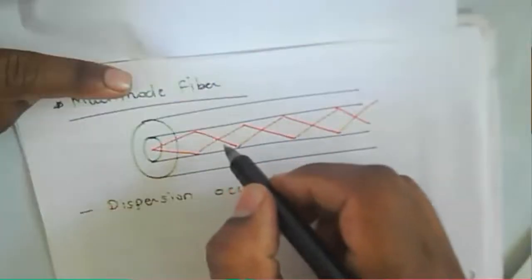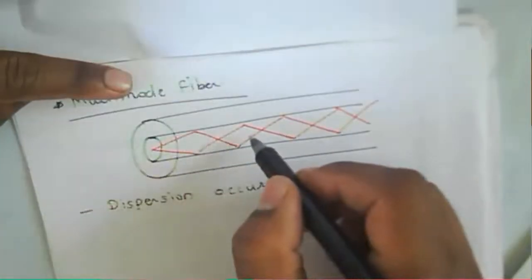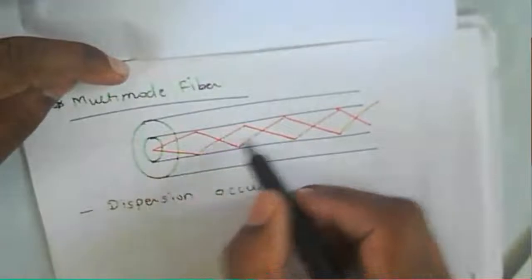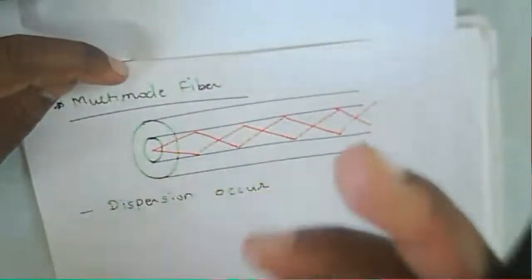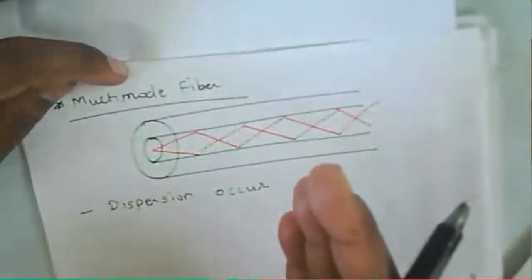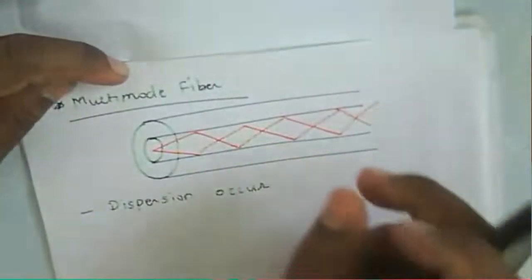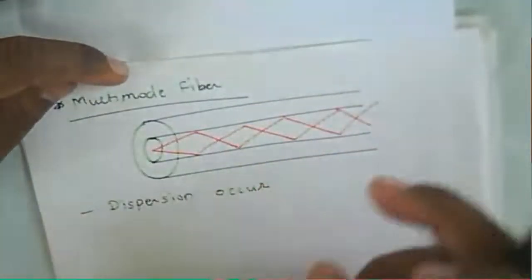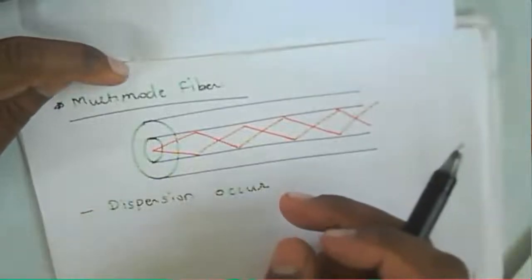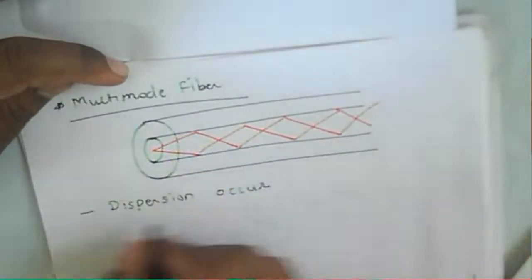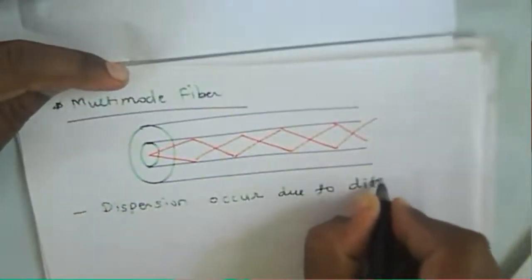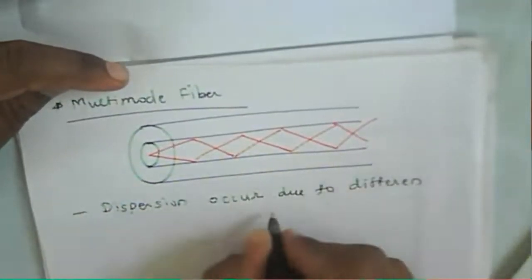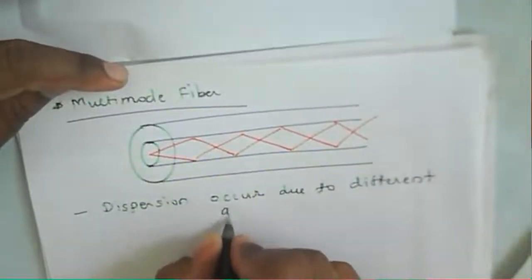They form groups with similar frequency components, so they have different group velocities. While light is propagating through the fiber, dispersion occurs due to the difference in group velocity.